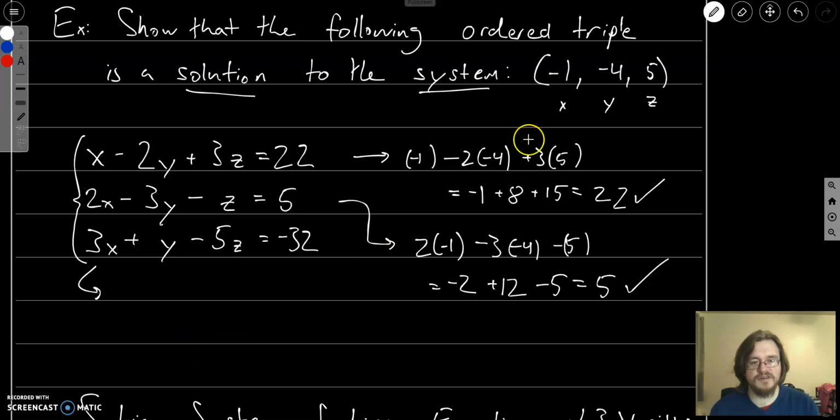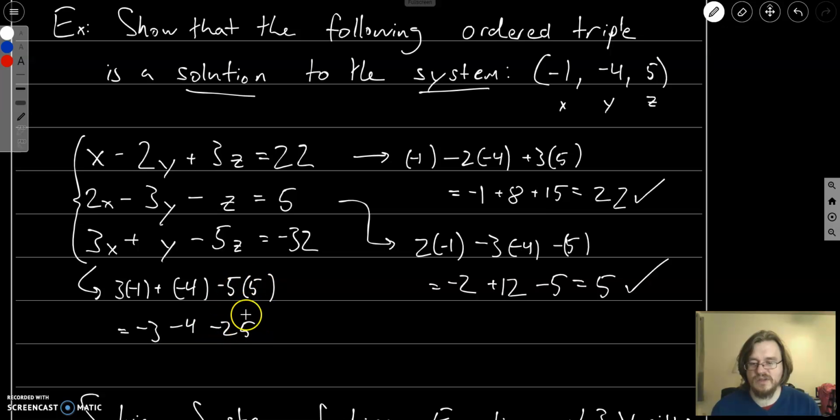Lastly, we have to check the third equation. So let's plug a -1 in for x, a -4 in for y, and a 5 in for z. So we have 3 times -1 is -3. We have just a -4 by itself. We've got 5 times 5, we'll get a -25 with a negative sign there.